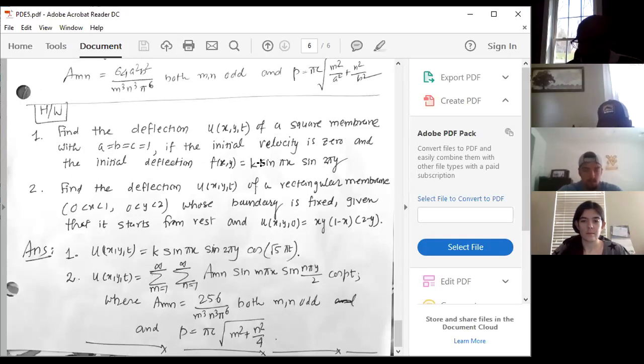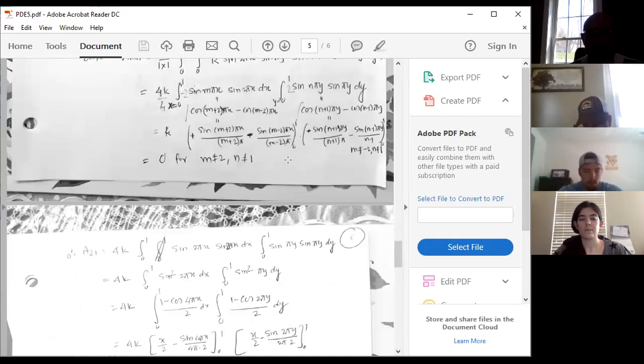Function is given to you, so you get a equal to b equal to c equal to 1, with initial velocity 0 and initial deflection f(x,y) equal to k sine pi x sine 2 pi y. Don't you think this example is exactly the same as the first one? You get the first example again.